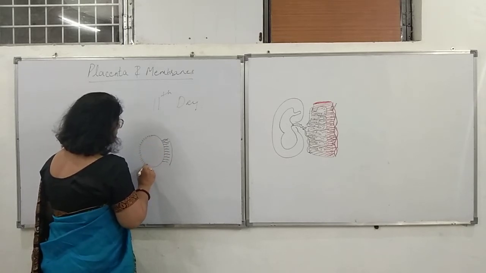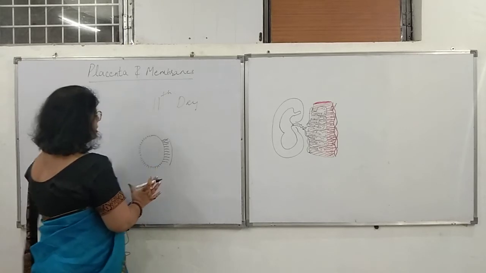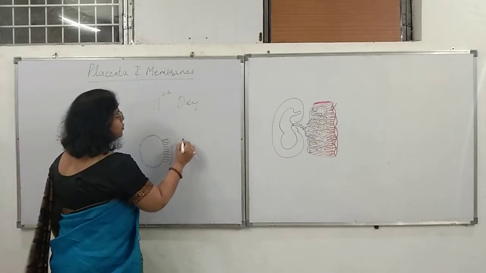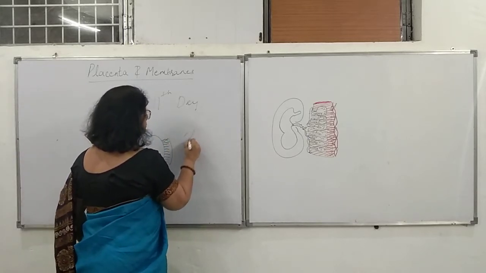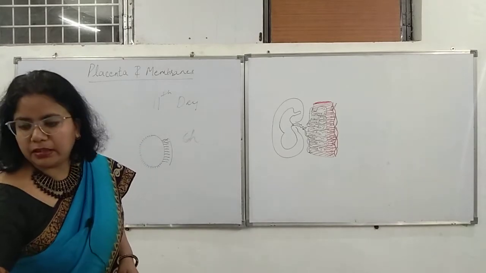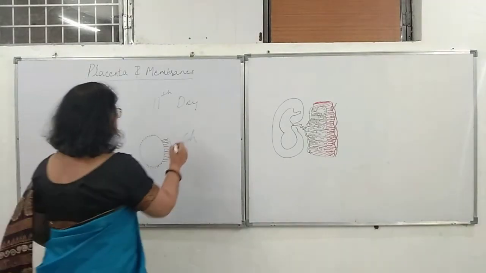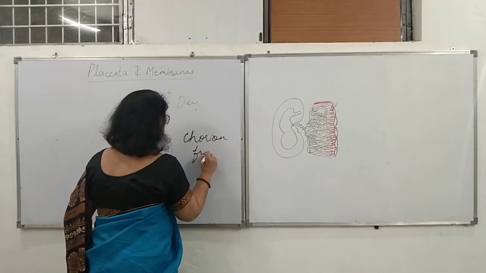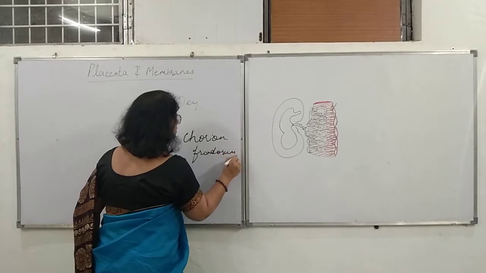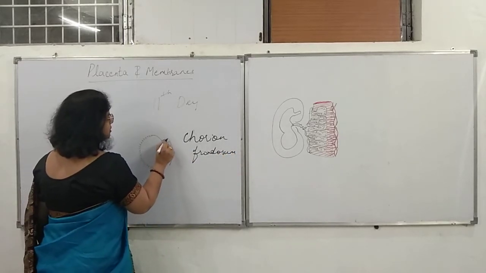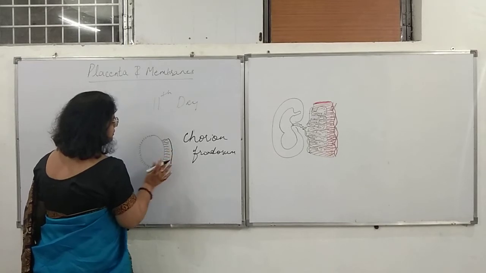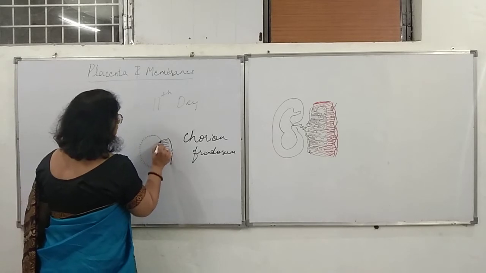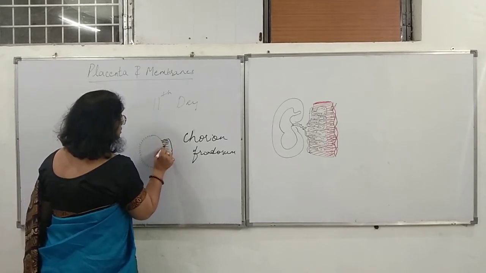When the fetus starts growing, the other part is compressed, and the part of the chorion frondosum is where this is seen. These projections are towards the decidual membrane, and in between they have spaces.